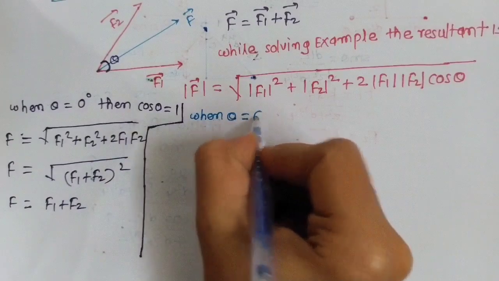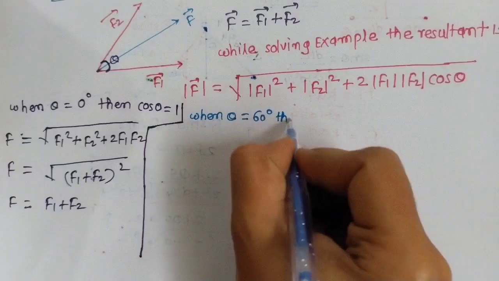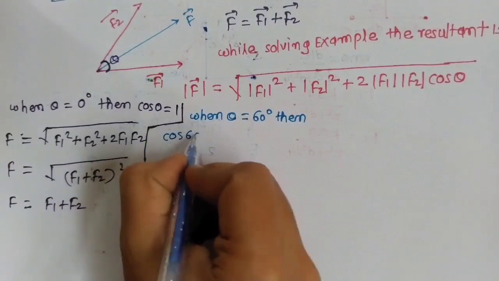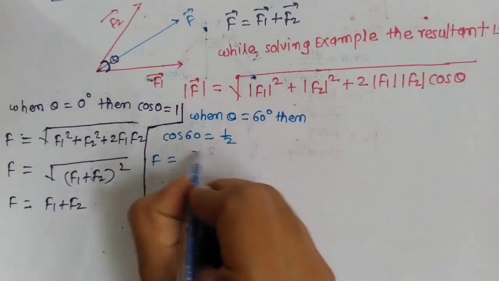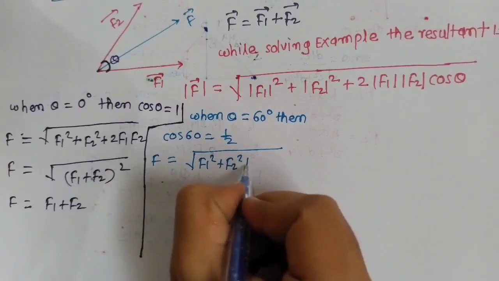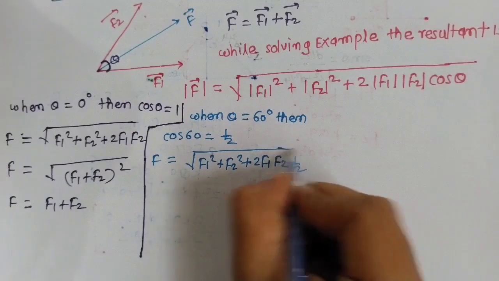When theta is 60 degree, the angle between two vectors is 60 degree, then cos 60 is equal to 1 by 2. So F is equal to under root F1 square plus F2 square plus twice F1 F2 into 1 by 2.